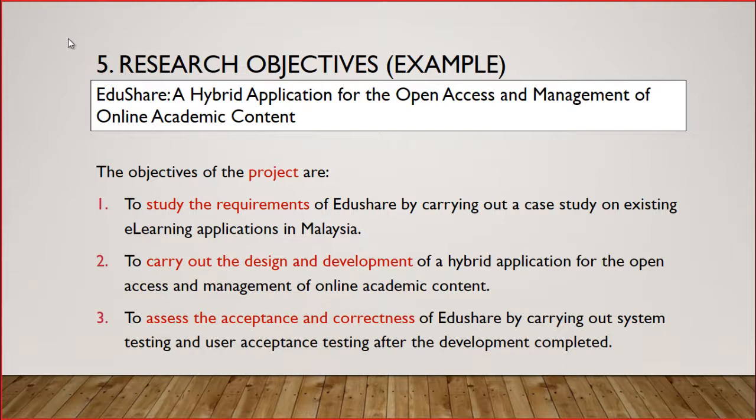Okay, to carry out design and development of a hybrid application, open access. You see, it relates to the title itself, not just saying to carry out the design and development of the system. There are some students who are quite lazy. Number one, to study the requirements of the system. Number two, to carry out the design of the system.